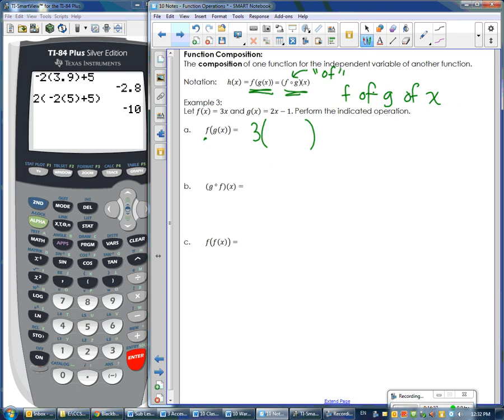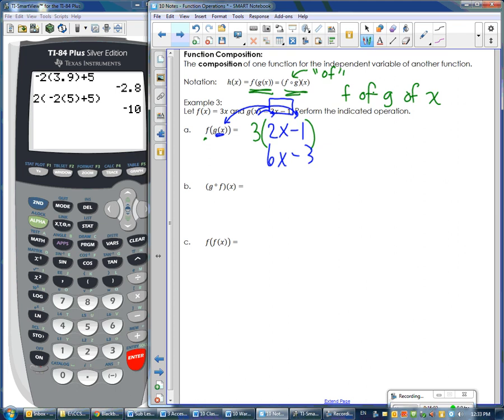I'm going to replace g of x with the expression 2x minus 1. And again, we did this at the beginning of the year when we were using the substitution method to solve systems. So the skill itself is something that you've done before. And if I want to evaluate this again, I'm going to need to simplify by distributing. 3 times 2x is going to give me 6x, and 3 times -1 is going to give me a -3.